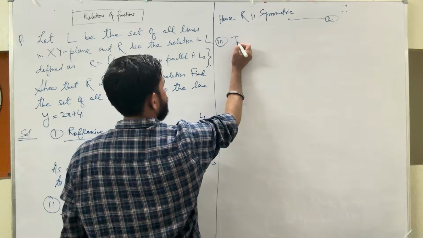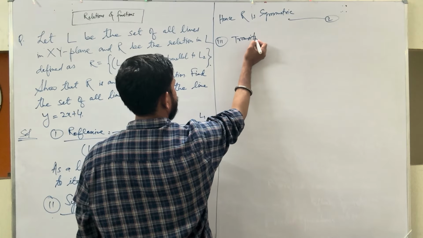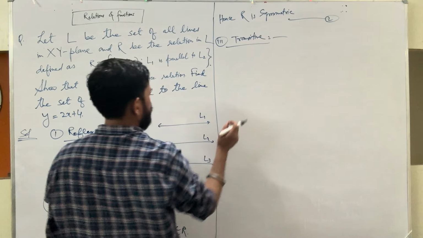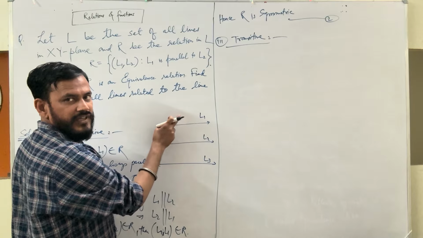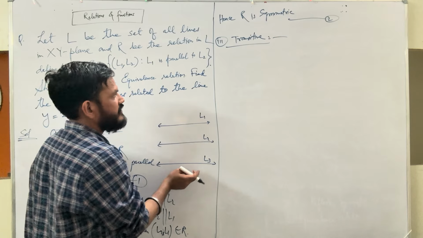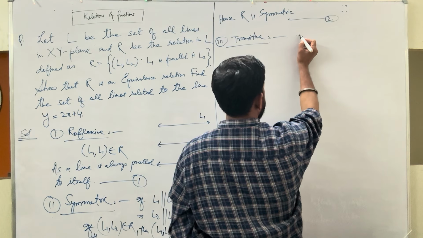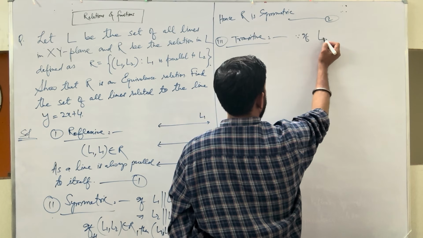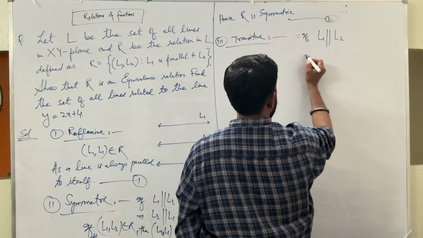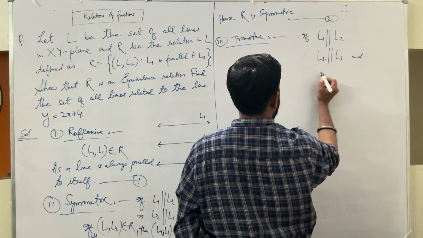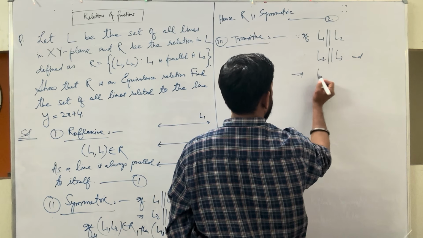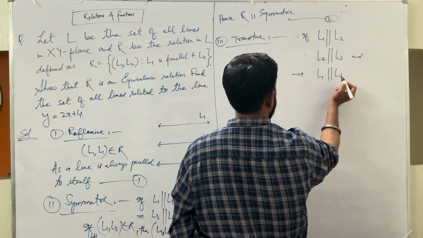Now we come to transitivity, like transitive. If L1 is parallel to L2 and L2 is parallel to L3, then L1 will be parallel to L3.